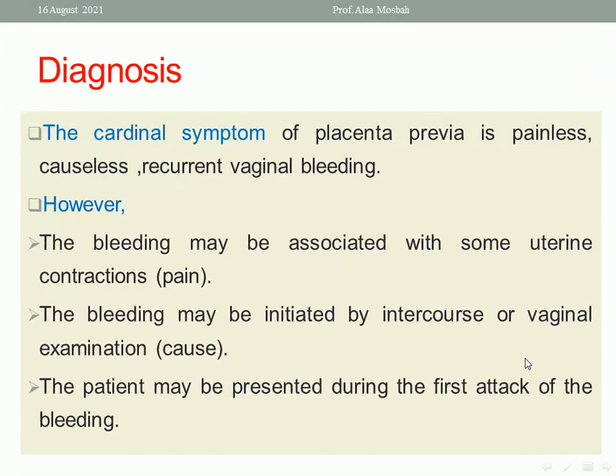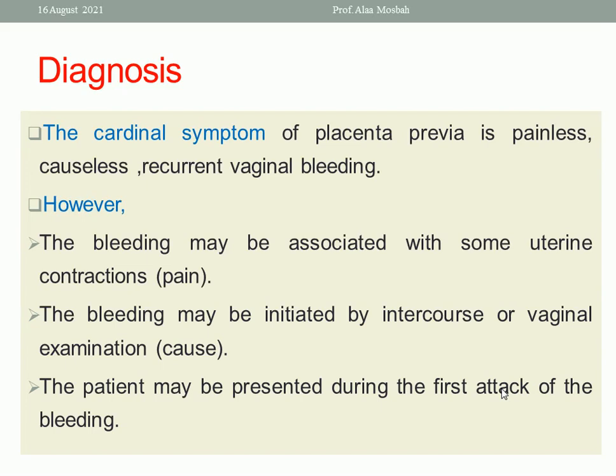What about the diagnosis? Characteristically, the symptom is vaginal bleeding, which is painless, causeless, and recurrent. This is the main symptom. However, it may be associated with pain due to uterine contraction, but commonly it is painless.